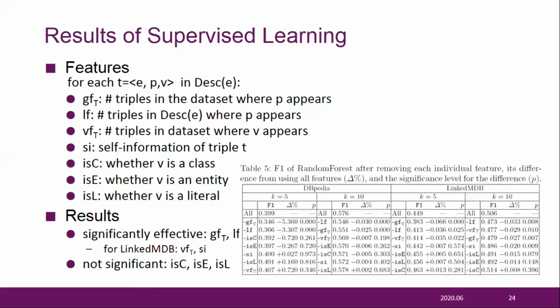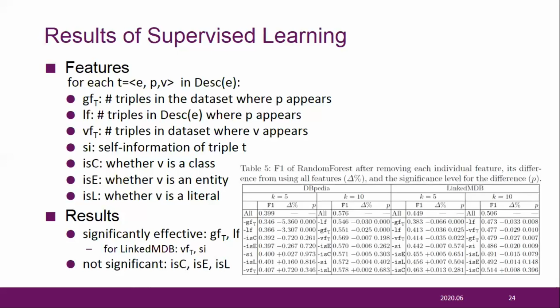LF means local frequency of property. It's the number of triples in the anti-description where P appears. VFT, short for value frequency, is the number of triples in the dataset where V appears. SI means the self-information of triple T, and there are 3 binary features indicating whether V is a class, whether V is an entity, and whether V is a literal.